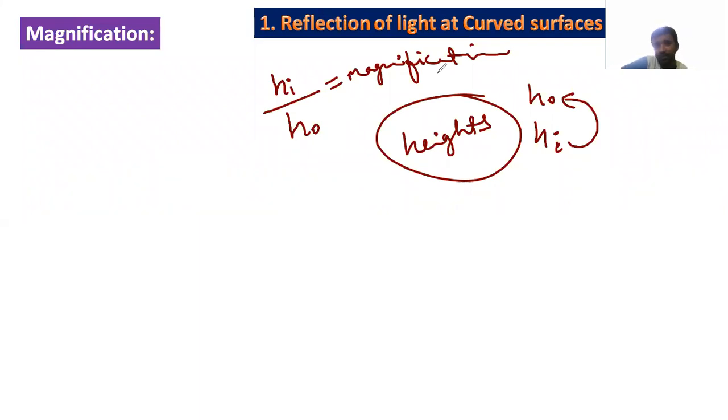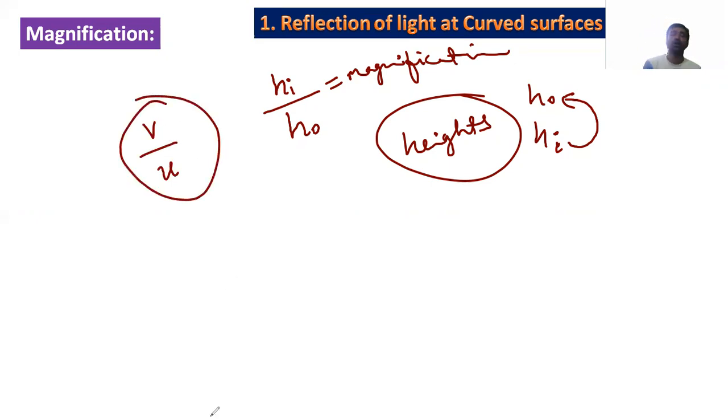So magnification is defined as the ratio between the height of the image to the height of the object. This is only the definition. Mathematically, you will also get v by u, the ratio between the image distance and the object distance. In any way you can define it.